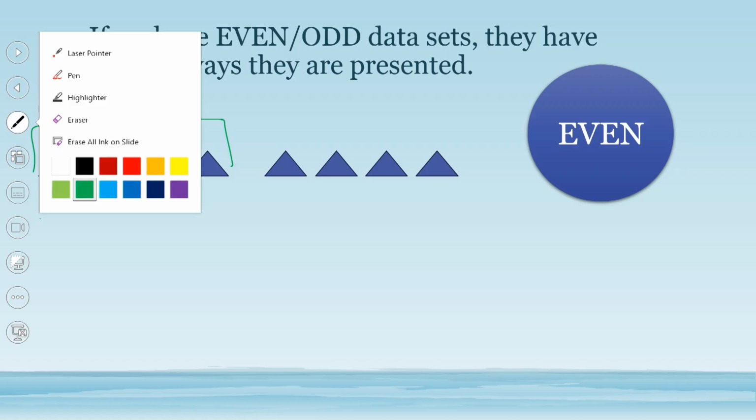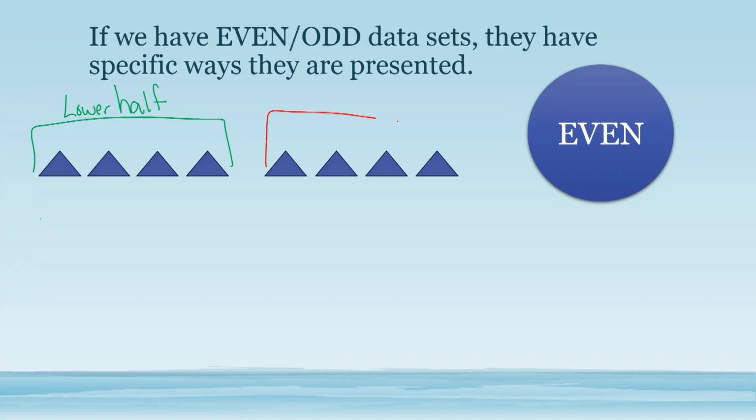Then I can say that these 4 are my upper half. Now, for me to find the middle, I'm going to take these 2 numbers and get the average. And then that would be my median.